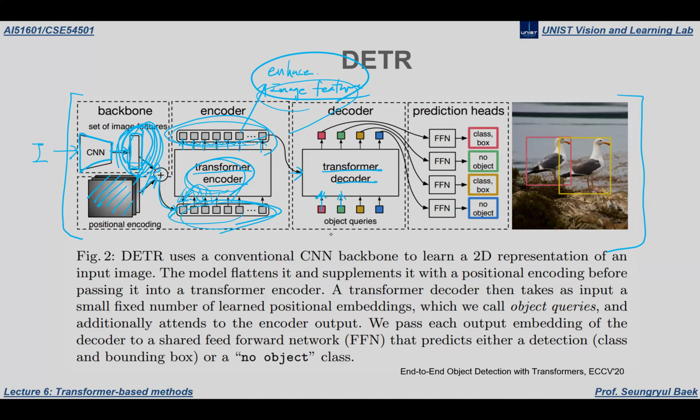Previously, when applying, for example, sentence translation, there has to be the starting token first. Then we apply the first French word and the second French word to output the corresponding words.